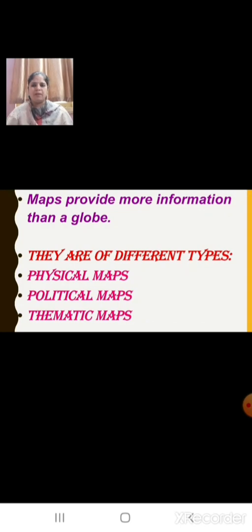So, children, maps provide more information to us than a globe, and they are of different types. Some types of the maps are physical maps, political maps and thematic maps. Now let us learn more about these maps in detail.